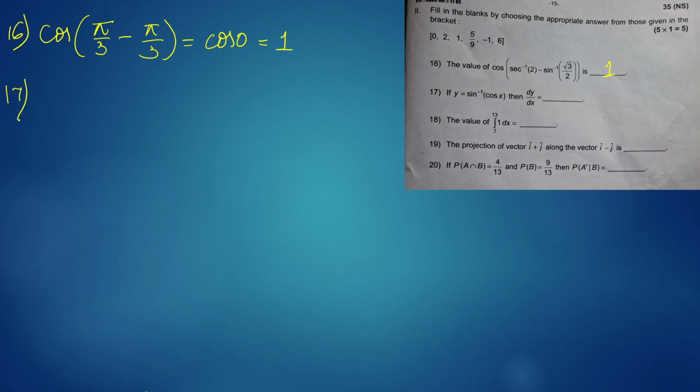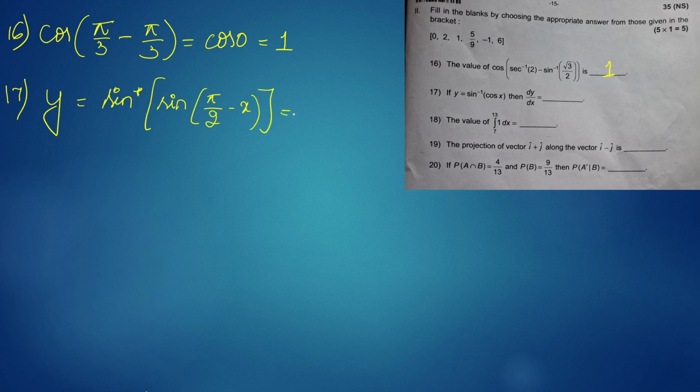For the 17th one, we have sin inverse of cos x. To convert cos into sin, we know that cos can be written as sin of pi by 2 minus x. If we cancel sin inverse and sin, we get y is equal to pi by 2 minus x.